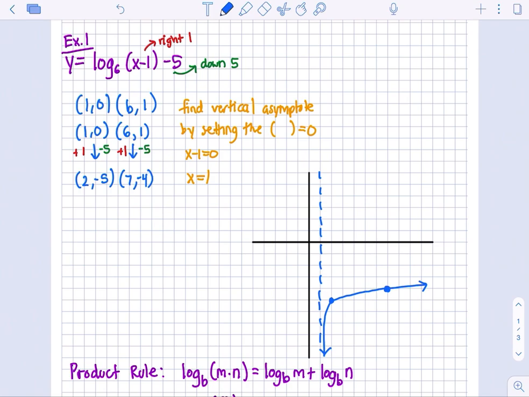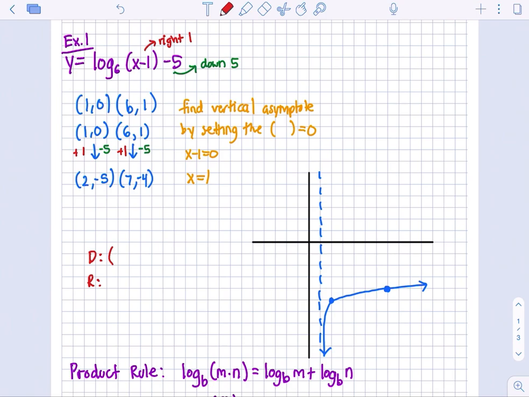Now all you have to do for the homework assignment is find your domain and range. So the domain is as it's going to the left. As you put your finger on this curve and follow along to the left, you'll notice it's going to approach the vertical asymptote of 1 from the right hand side.